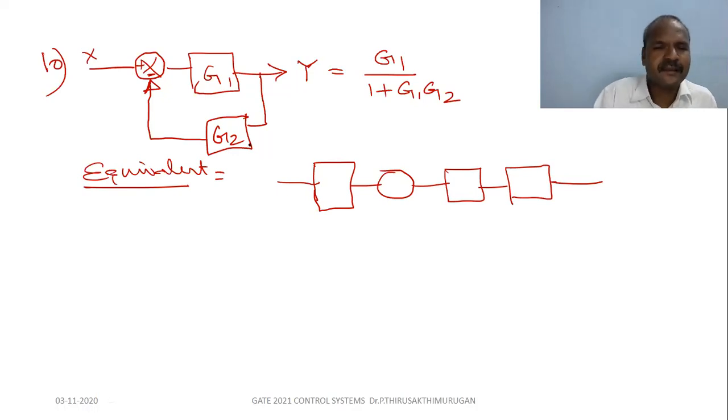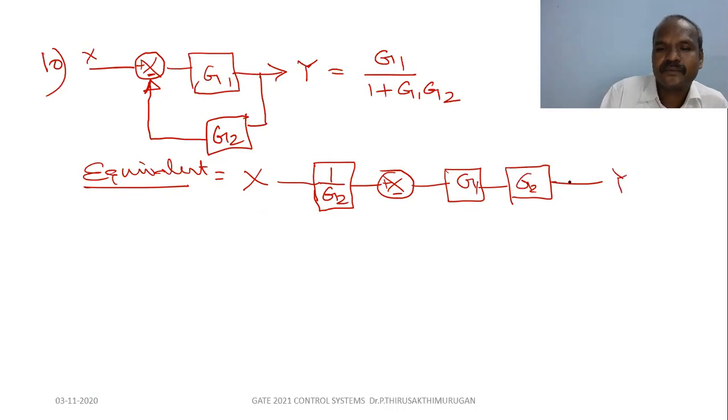Here the feedback element gain is G2. We are making the feedback gain 1, unity, so that we divide by G2 already. So X, okay, plus minus G1, G2 Y. So making the unity gain.